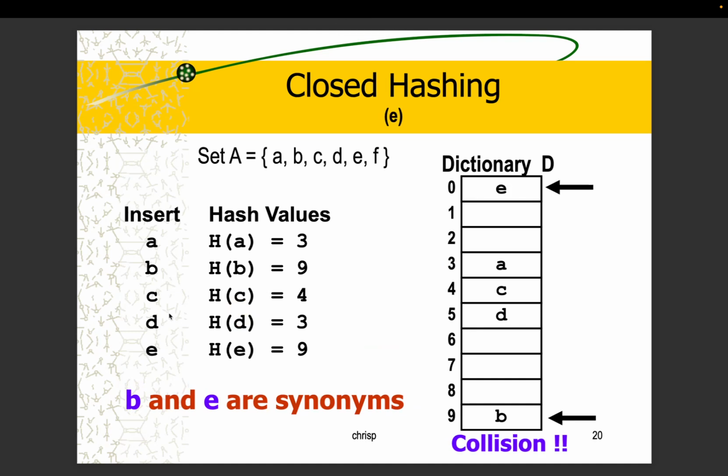So, what happens when I try to insert letter E? Hash of E is 9. E tries to go into index 9, but B is already occupying index 9. Therefore, it tries to go to the next available space. But if you take a look, my array only reaches index 9. Where is the next index?